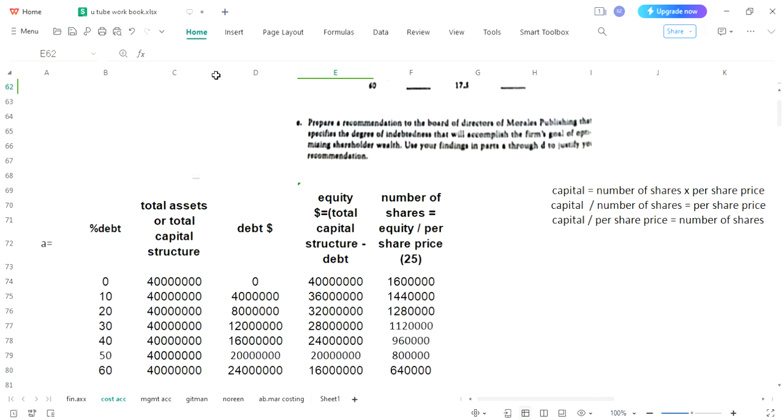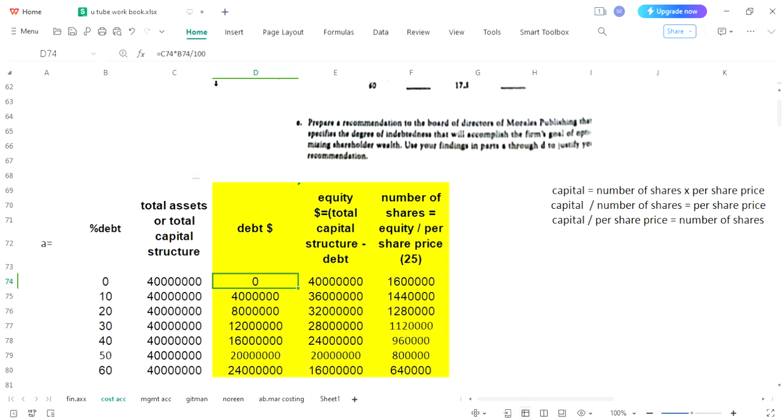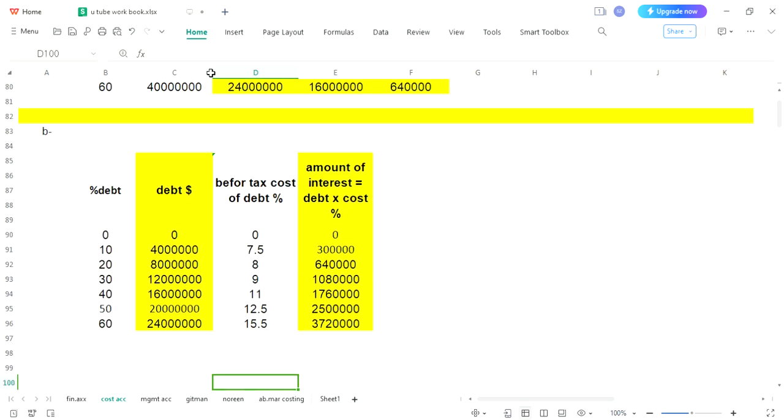So in this way, all these columns were calculated and made by ourselves. So let's mark them. Okay, why we are marking it? Because these columns were blank and we have filled them. In this way, our B part has been completed.